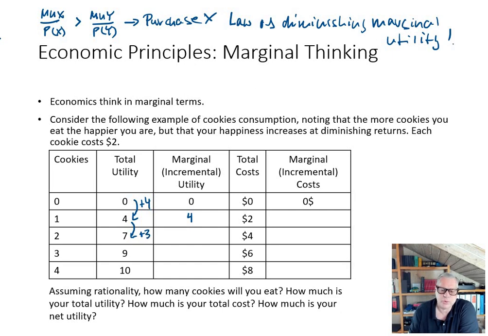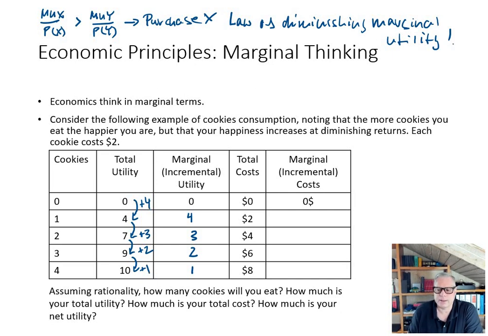If you have a third cookie, then the marginal utility of the third cookie is the increase in utility from 7 to 9, which is plus 2. And if you have a fourth cookie, you still get only an extra utility of 1 because you probably already get a little bit tired of the cookies. Okay, so the marginal utility is 4 from 0 to 1, and then 3, and then 2, and then 1.